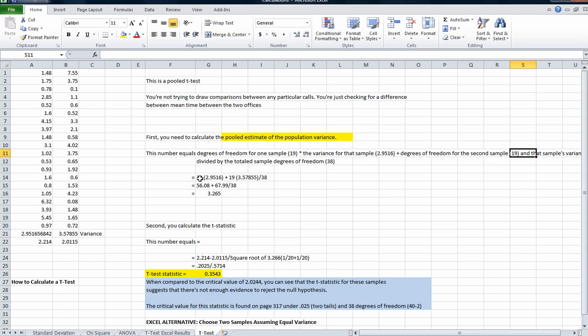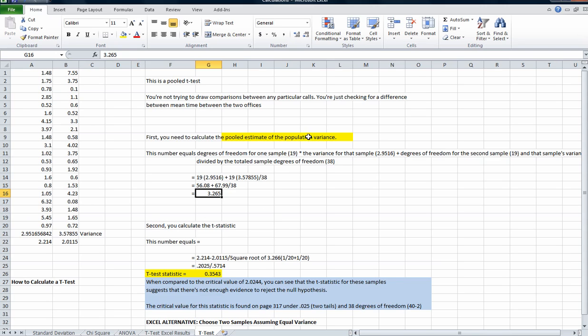So you would multiply these two, add them to the multiplicative value of these two, and divide by the sample degrees of freedom, which is 3.38. So the statistic comes out to 3.265.